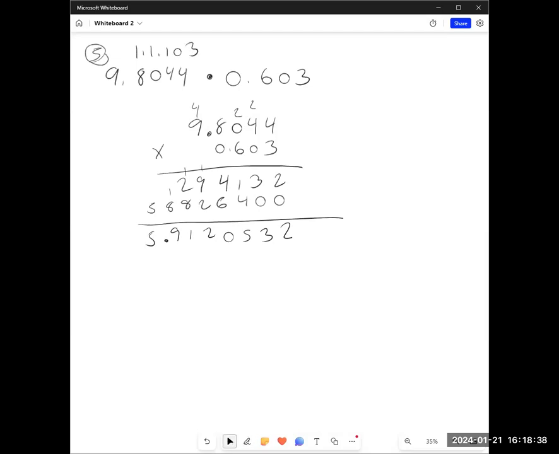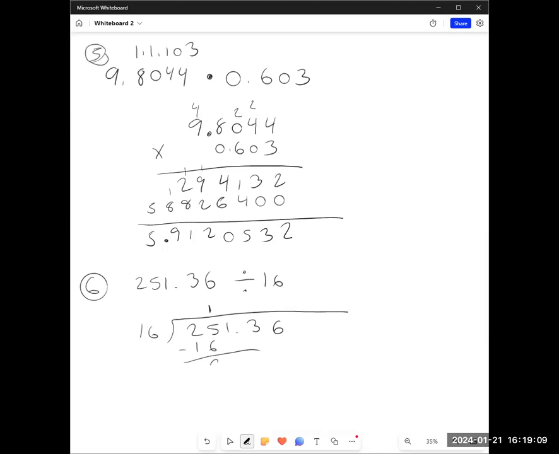Now we're going to do some division. So we have 251.36 divided by 16. It's perfectly good to have a decimal inside the division bar. What we don't want is a decimal on the outside of the division bar. So we just look at this 16 and it goes into 25 one time with a difference of 9. 16 goes into 91 5 times.